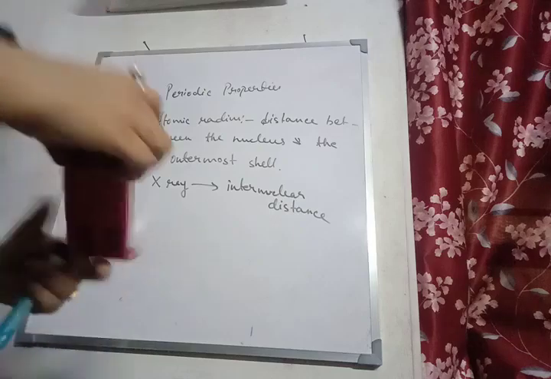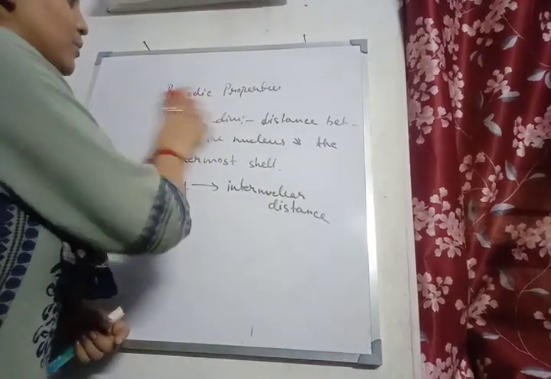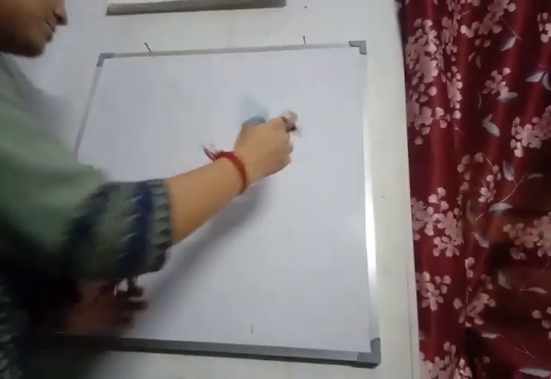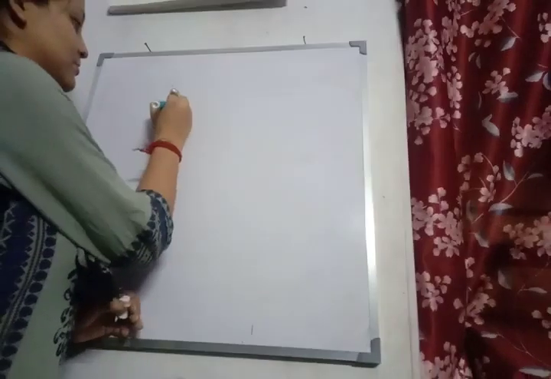Under this we have the first one as covalent radius. Now the word covalent symbolizes that it is for non-metal atoms, because a covalent bond is formed between two non-metal atoms.